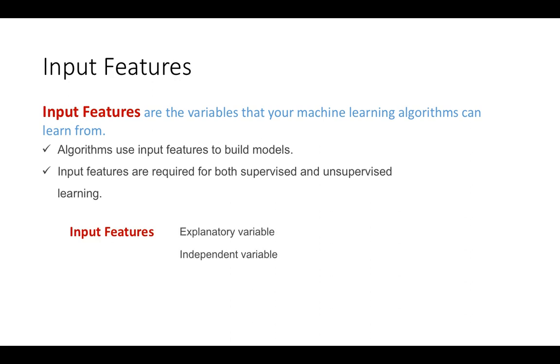We will learn what supervised and unsupervised learning are a little later, but let's focus on what an input feature is. A lot of times it is also called explanatory variable, independent variable, regressor, controlled variable, or driving factor. These are all a variety of terms people use to refer to input features. But in this class we will keep talking about input features.